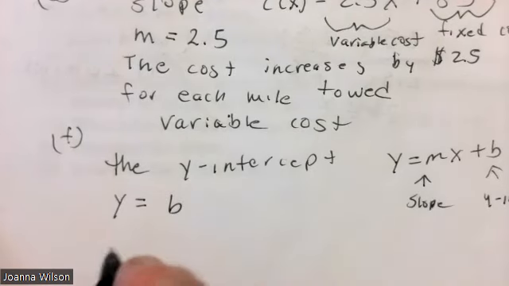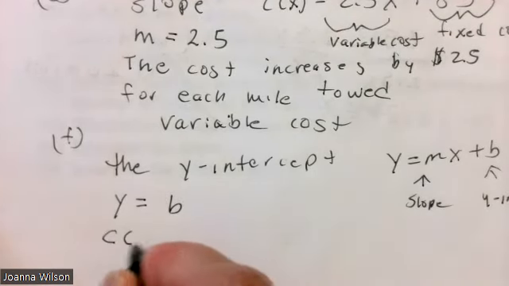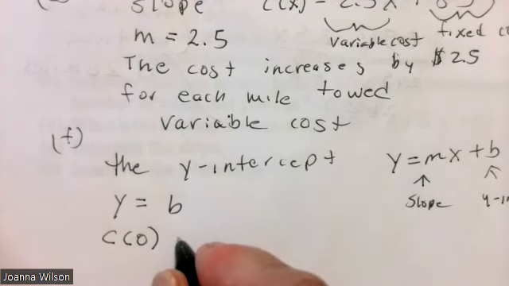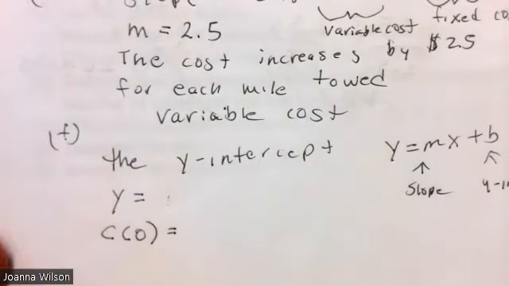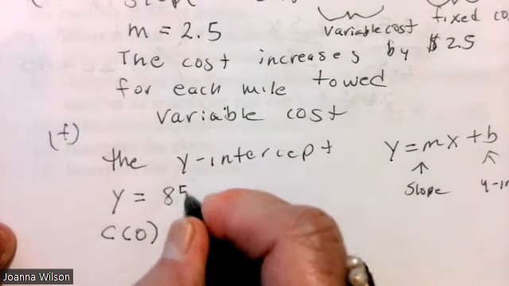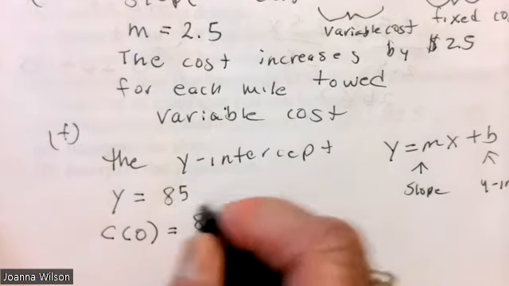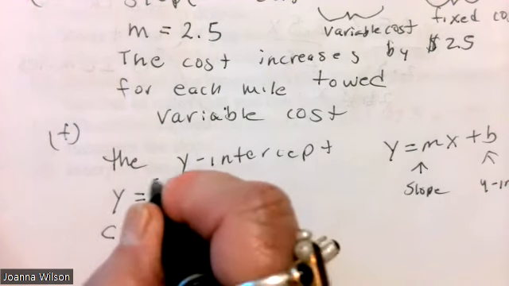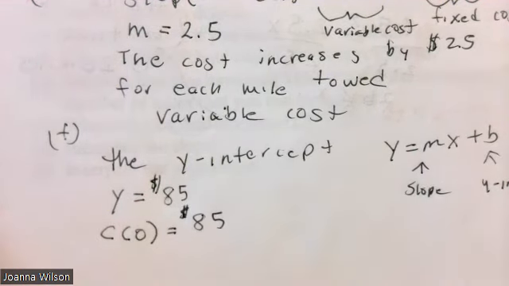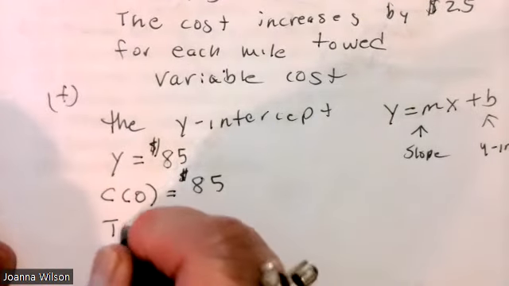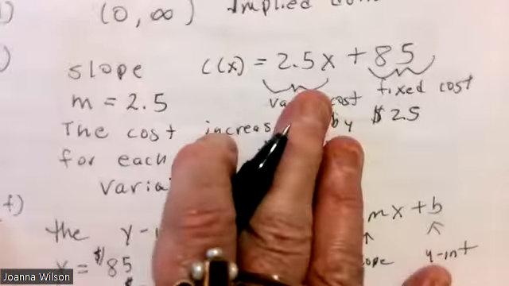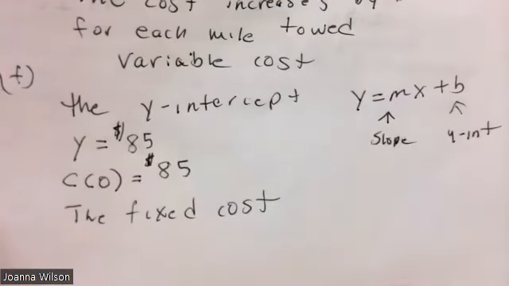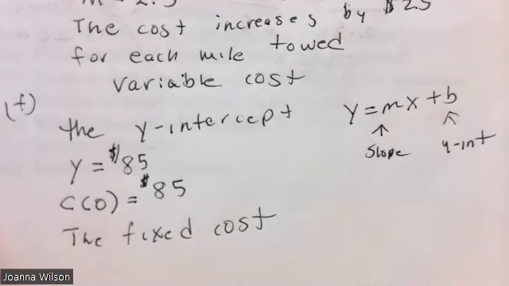And you could also say the cost of 0 miles would be $85. And this is just the fixed cost. A lot of linear functions have a fixed cost and then a variable cost like this. So anyways, that's that little word problem.